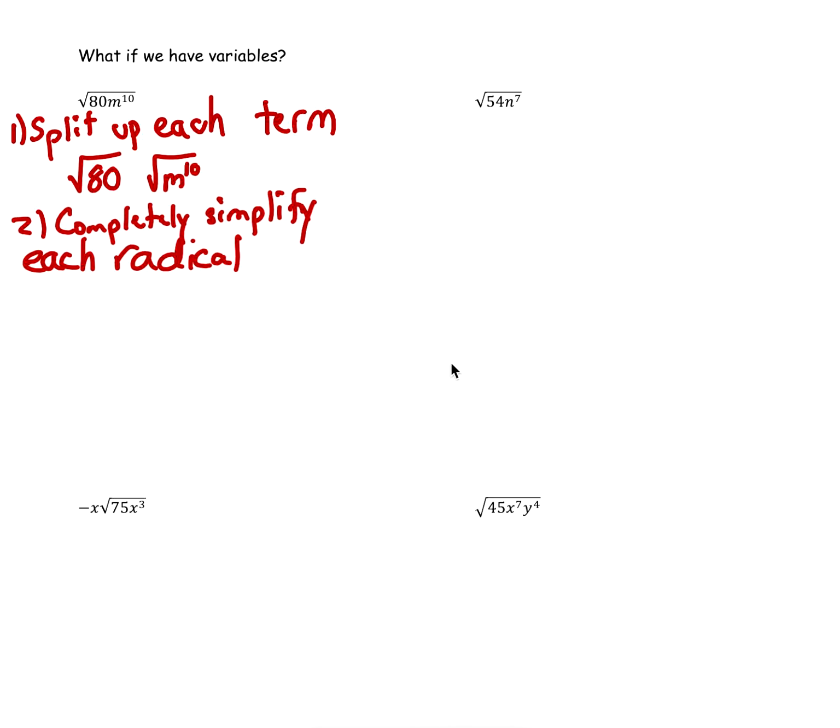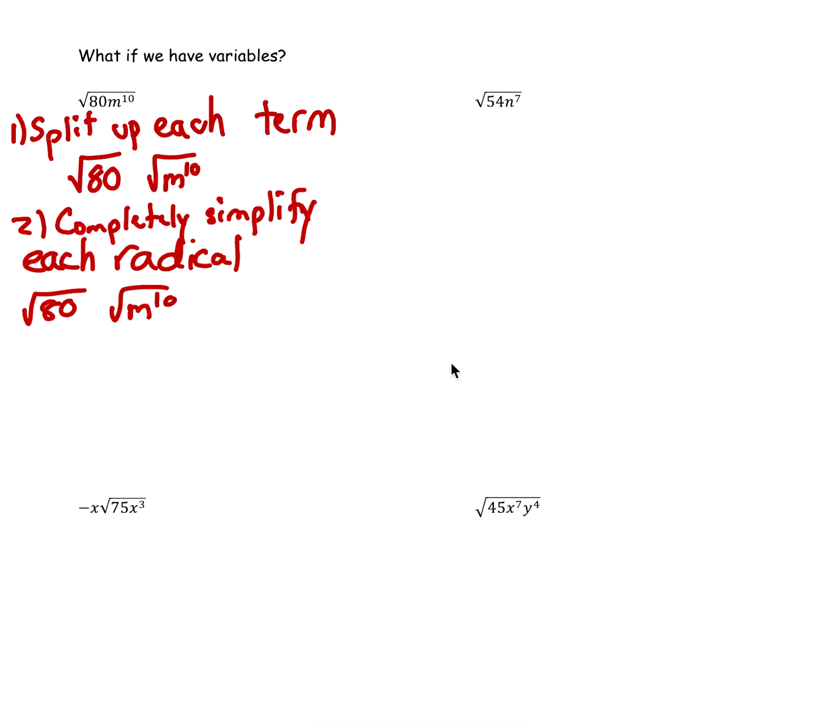So let's take a look at radical 80 first. What's the highest perfect square that goes into 80? It would be 16. So that would be radical 16, radical 5.